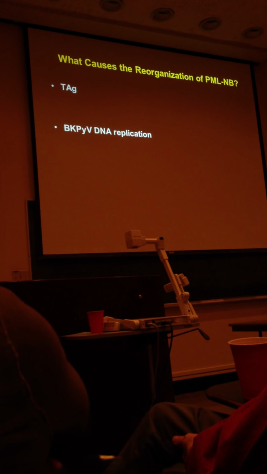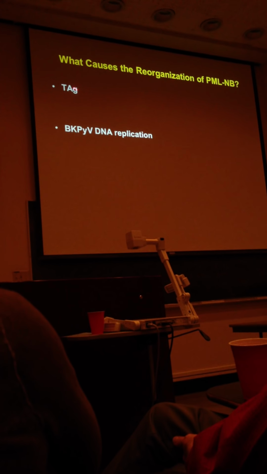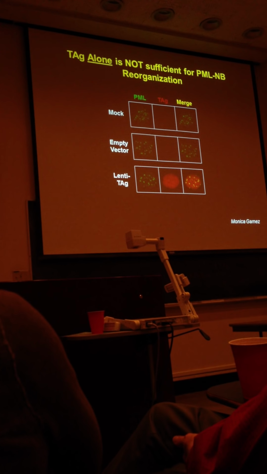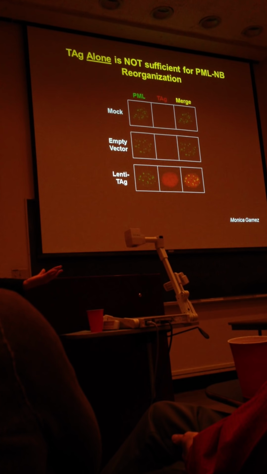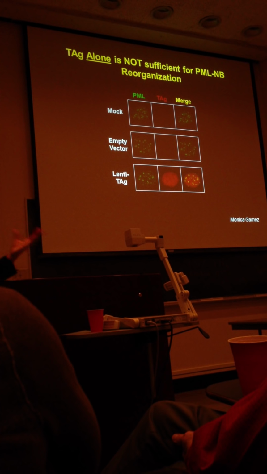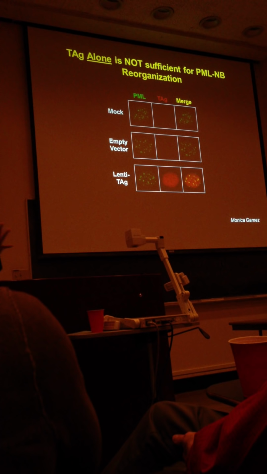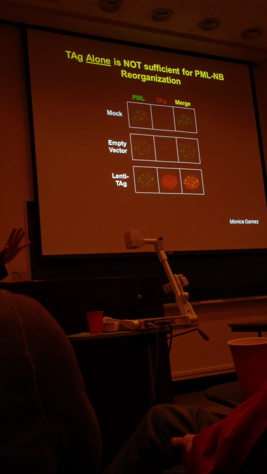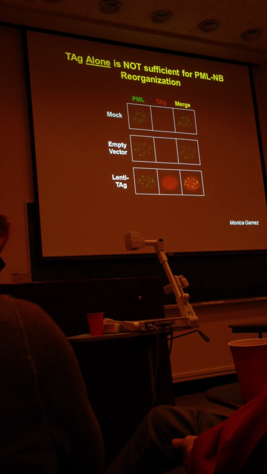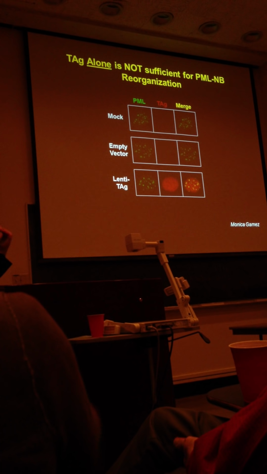In order to address the first possibility, which is whether T antigen alone is sufficient to drive the reorganization, we used a lentivirus expressing large T antigen and transduced it into the cells. Basically, it's a system that allows you to express T antigen alone without any other viral components in those cells, and look at the effects of T antigen expression on PML nuclear bodies.